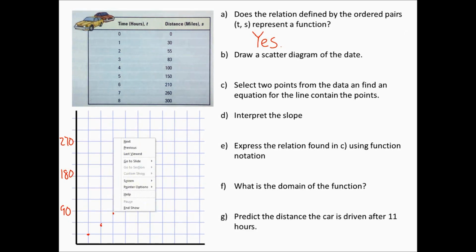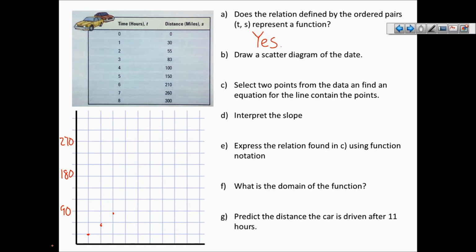We'll mark the point 4, 100. 5, 150. 6, 210. 7, 260. And finally, 8, 300. So there's our scatter diagram of the data. Now that should be done on graph paper. That should be cut out and put on your homework like always.